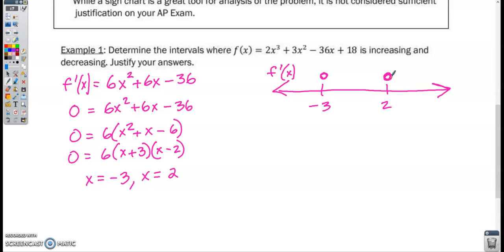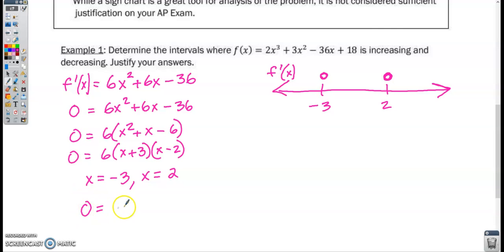All right, now what I need to do is take points in each of these intervals and test whether or not the derivative is positive. And I'm going to use, here where we solved and found where the derivative was equal to 0, if I divide this last equation by 6, 0 divided by 6 is just 0.